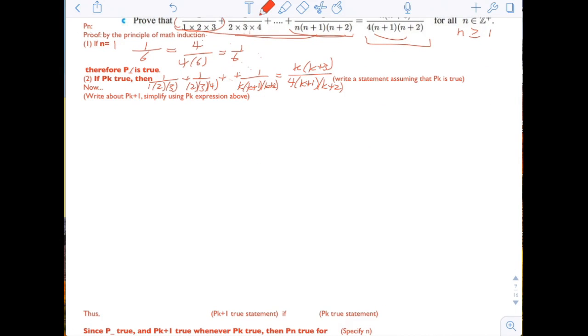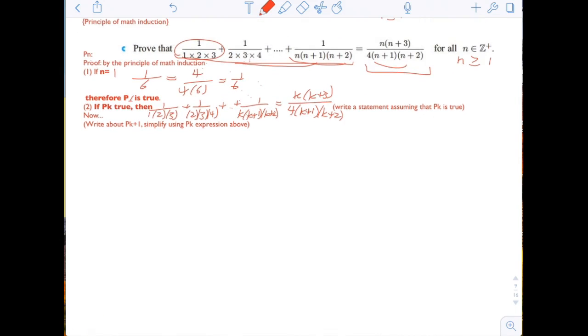So now we're going to rewrite P of n, and now we're going to substitute in k plus 1 for all the n's. So the first term is still going to be 1 times 2 times 3, etc. And then there's going to be the kth term, which would be k times k plus 1 times k plus 2.